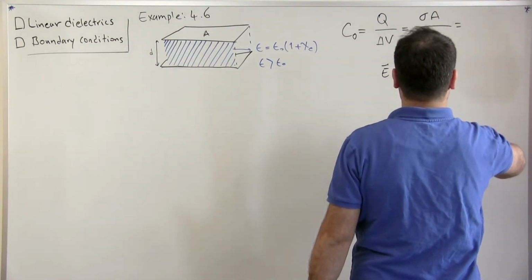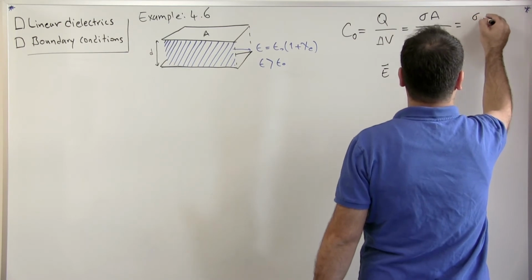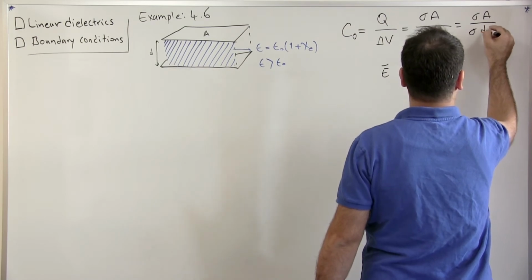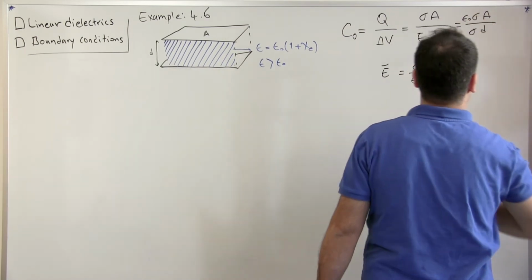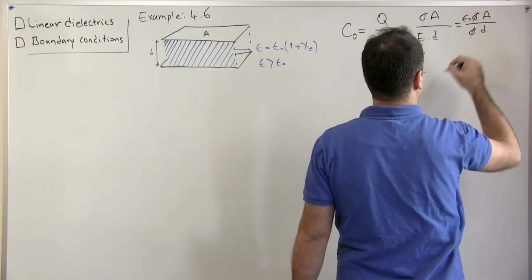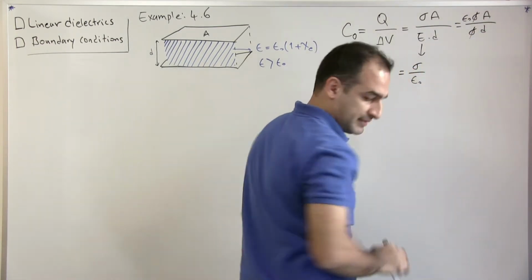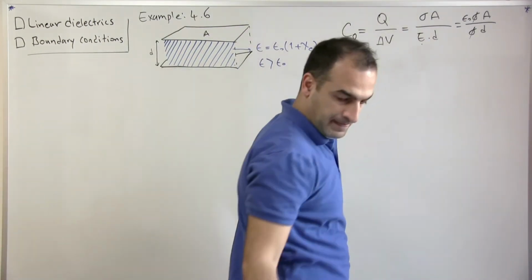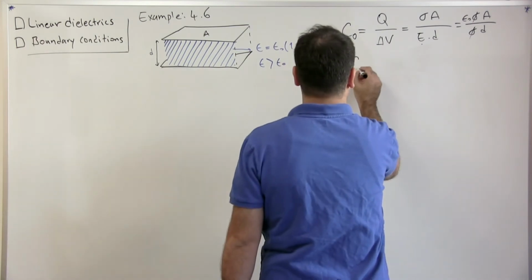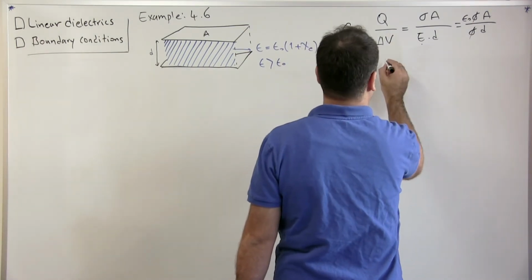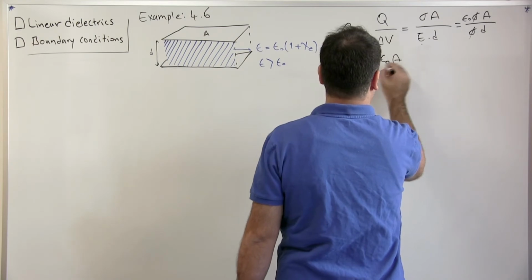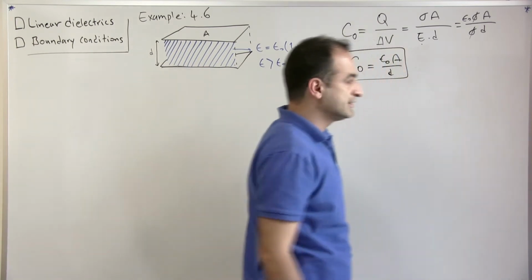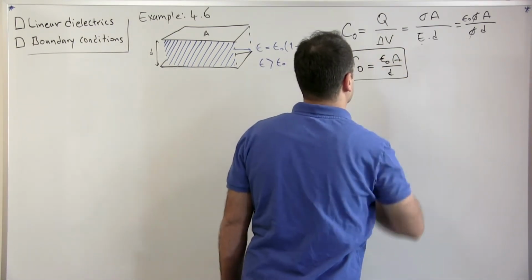So the capacitance becomes sigma A divided by sigma d over epsilon 0. Sigma is cancelled out on both sides, and we find that the capacitance C naught of this capacitor is epsilon naught A divided by d. Okay, so this is the capacitance when there is no dielectric involved here.